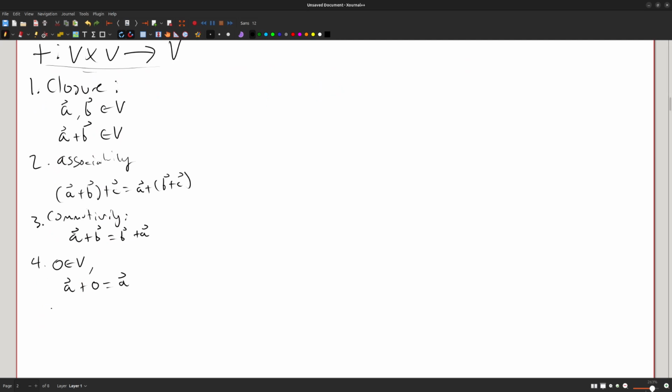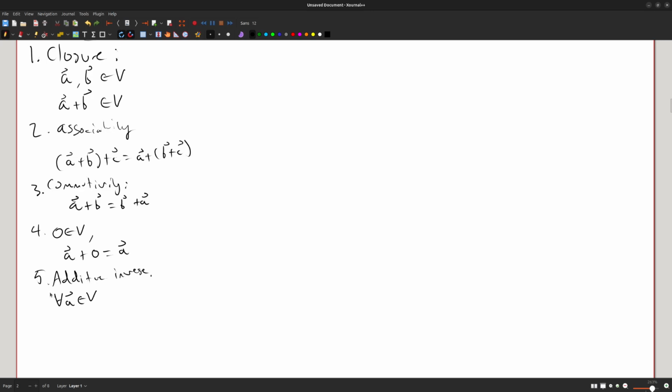So now the fifth rule is additive inverse, which is for all elements in your set. So this means for all, which means for any item in your set, there has to exist. So this means there exists.